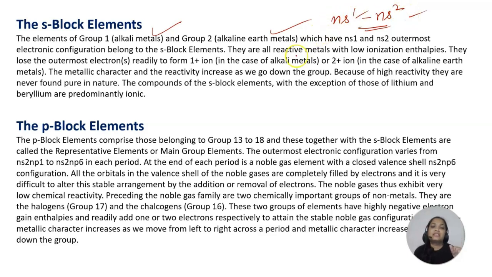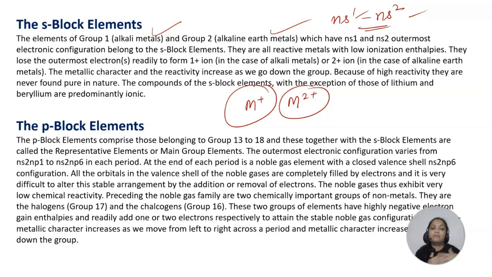They form M+ and M2+, meaning they can lose their 1 or 2 electrons very easily. Metallic character, these trends we will study. Just try to understand they are highly reactive and never found pure in nature; they will be combined with other elements.